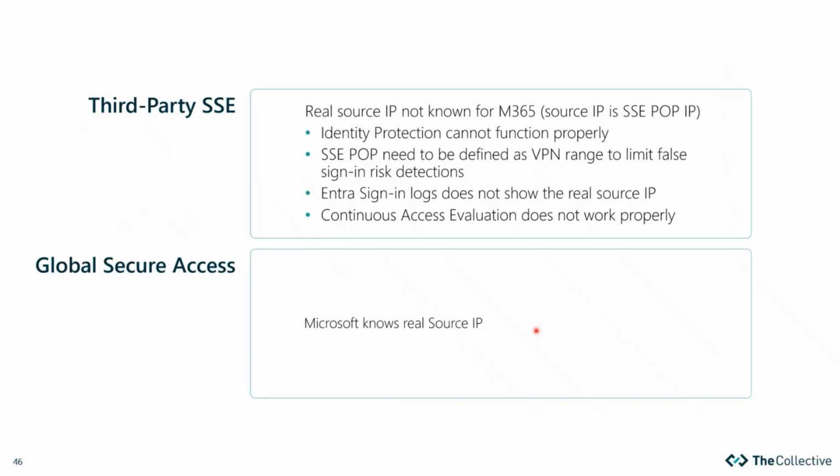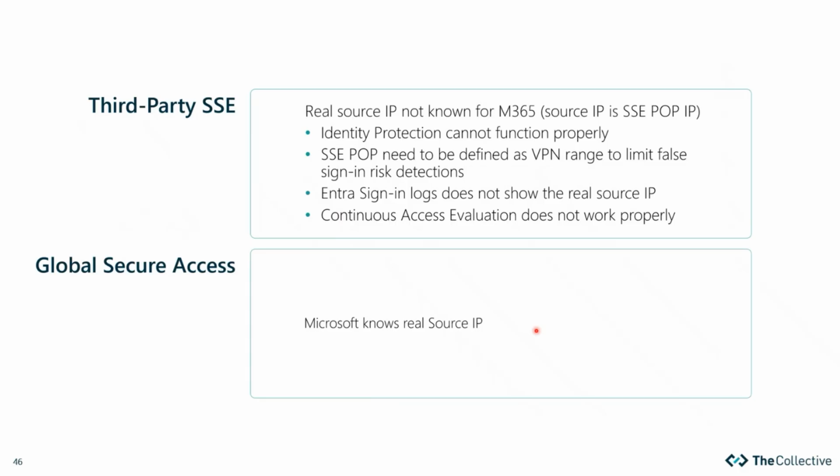Identity Protection does not really see the real IP address of the user, which results in false positive detections for unfamiliar sign-ins, for example.